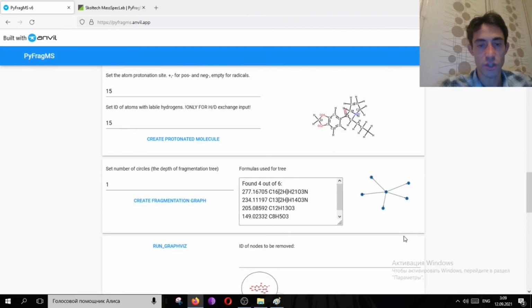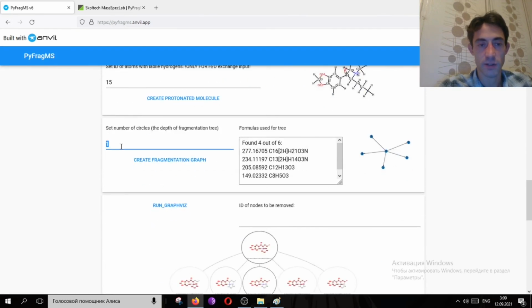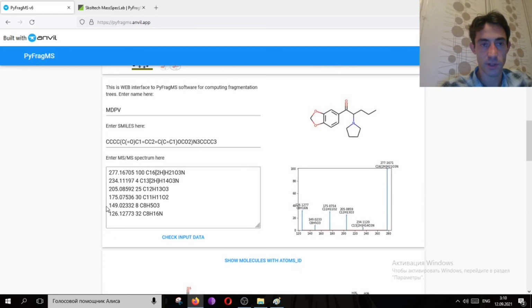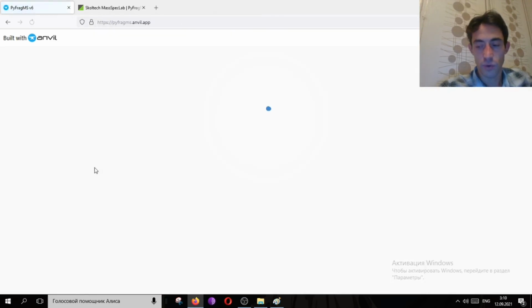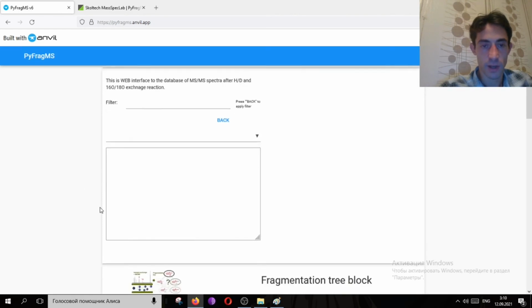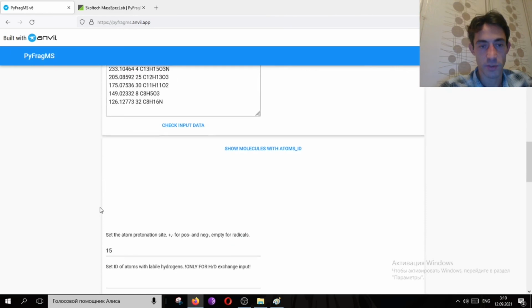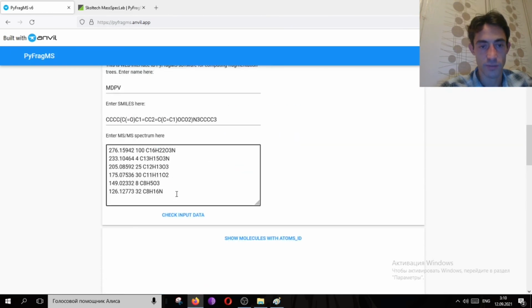And I just show you that it's also possible to calculate fragmentation trees for higher depths, for a high number of cycles.